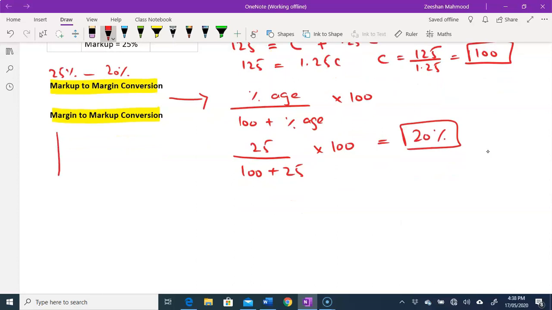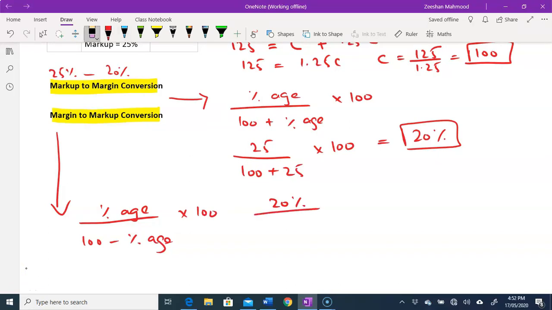Okay, now if I want to convert margin to markup, then the formula is percentage over 100 minus percentage, times 100. So for example, if margin is 20%, then we take 20 over 100 minus 20, times 100, and that is 20 by 80 times 100, and that becomes 25%.